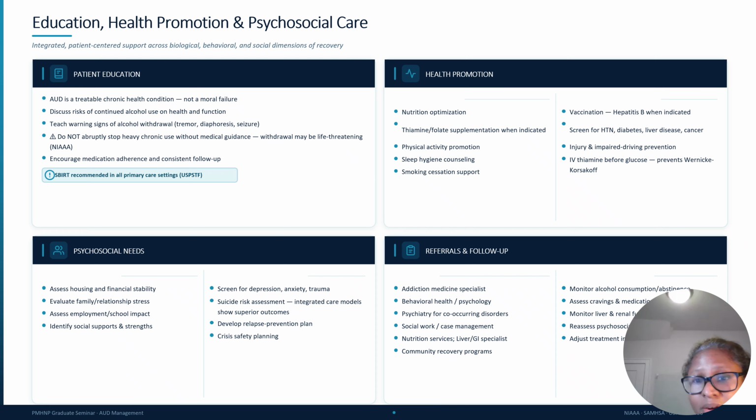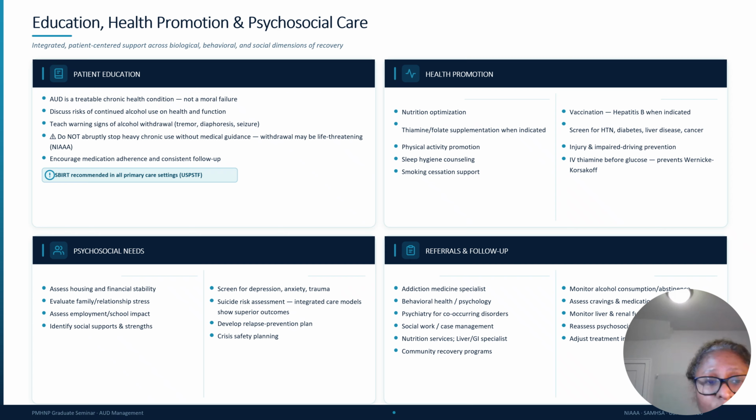And if they, for some reason, are hospitalized, making sure that they understand if their thiamine level is low, they might receive IV thiamine while they're in the hospital. As for psychosocial needs, evaluating family relationships and stress, assessing employment and school impact, identifying any social support and strengths, and screening for depression, anxiety, and trauma are a big thing for this population.